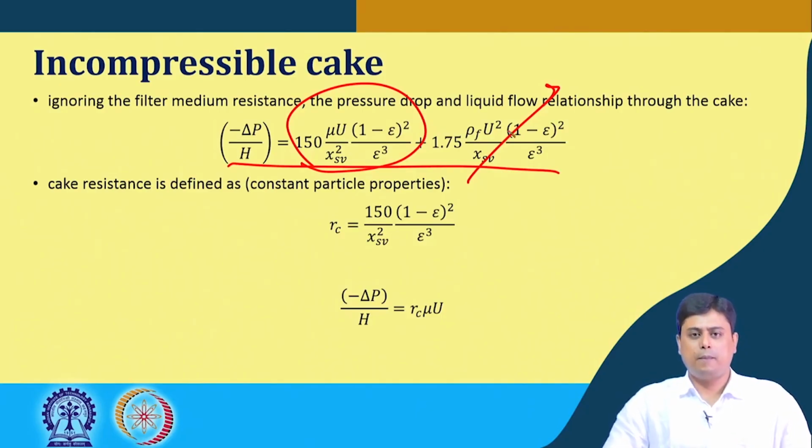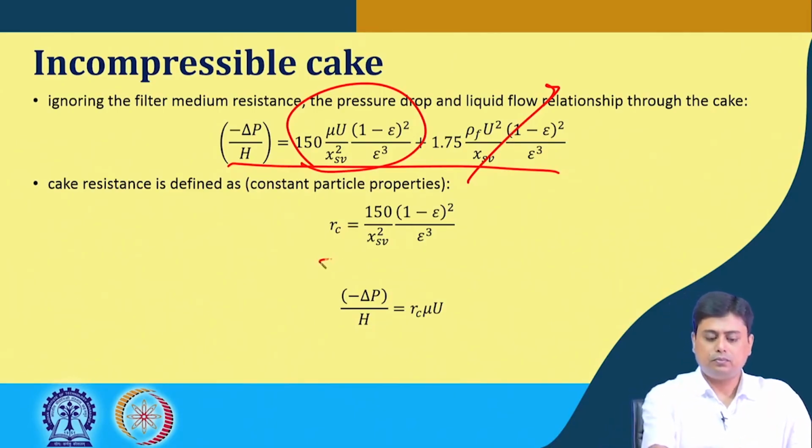With such pressure there are chances that bigger particles can break through attrition, collisions and so on. But we consider that particle size is also constant, because if it becomes very fine, the size does not change much. So the logical conclusion is that this cake resistance becomes a constant parameter at a certain point of time.